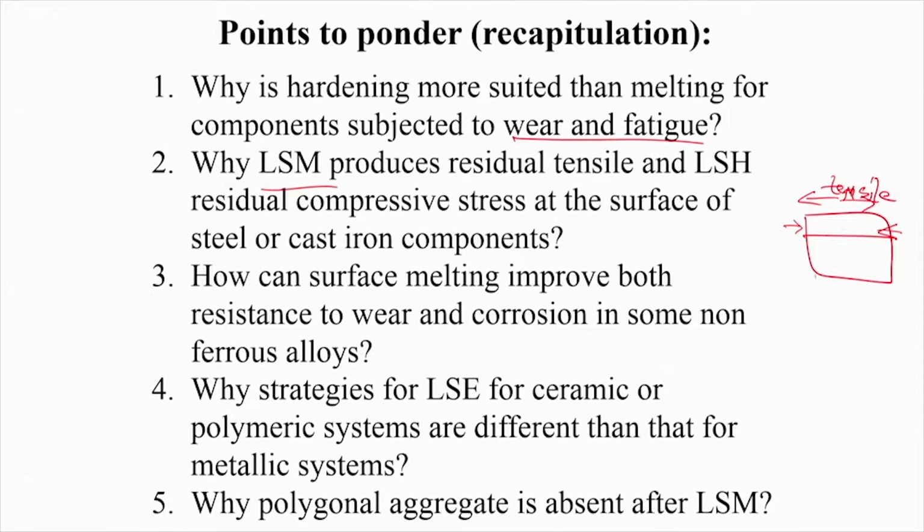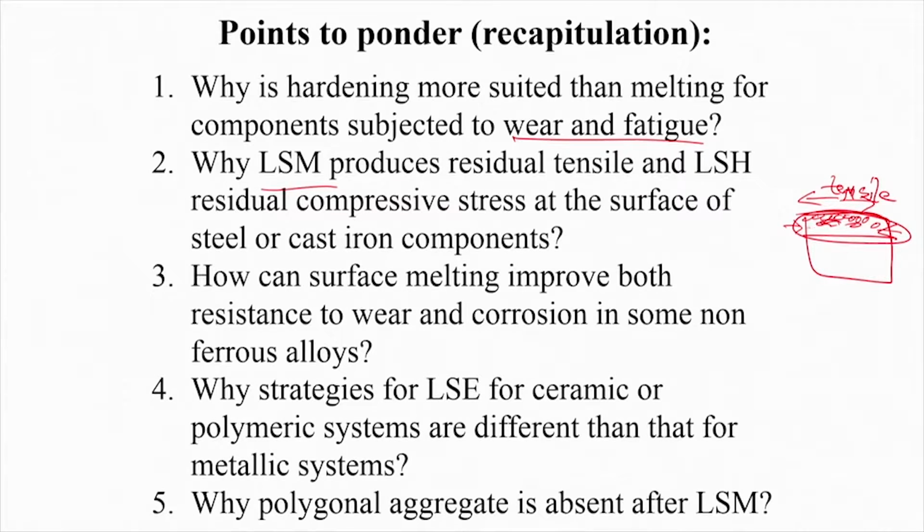In other words, if you do only surface melting, this is the kind of scenario that you develop on the surface. But in case of steel, you can avoid this because of the possibility of martensitic transformation. In case of non-ferrous systems, you still adopt surface melting as a strategy because it gives you another advantage, and that is very small ultrafine grain size, or grain refinement.